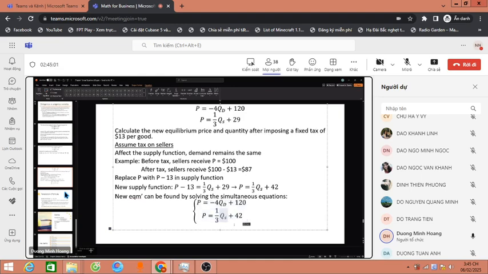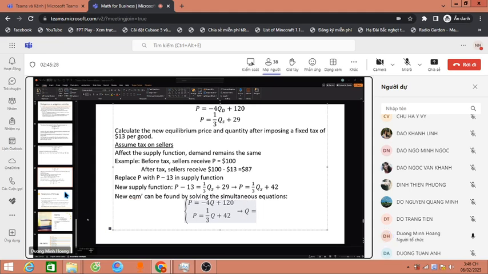Because it's an equilibrium point, QD equals QS, so that's Q. Solve this system, and you find that Q equals 13, and then P equals 48.